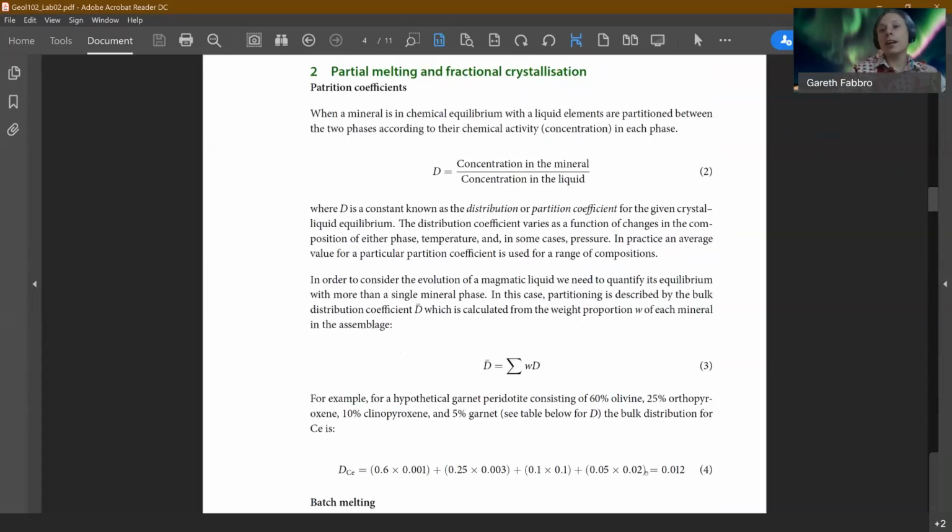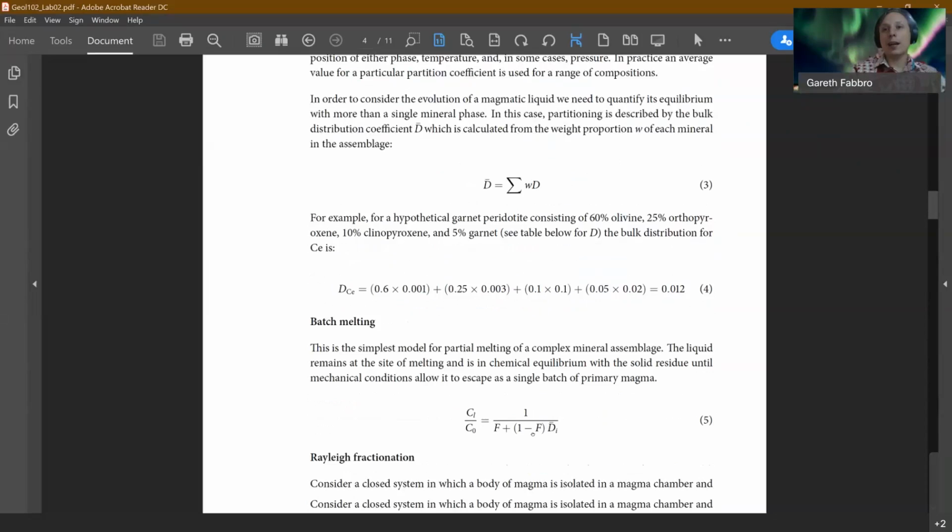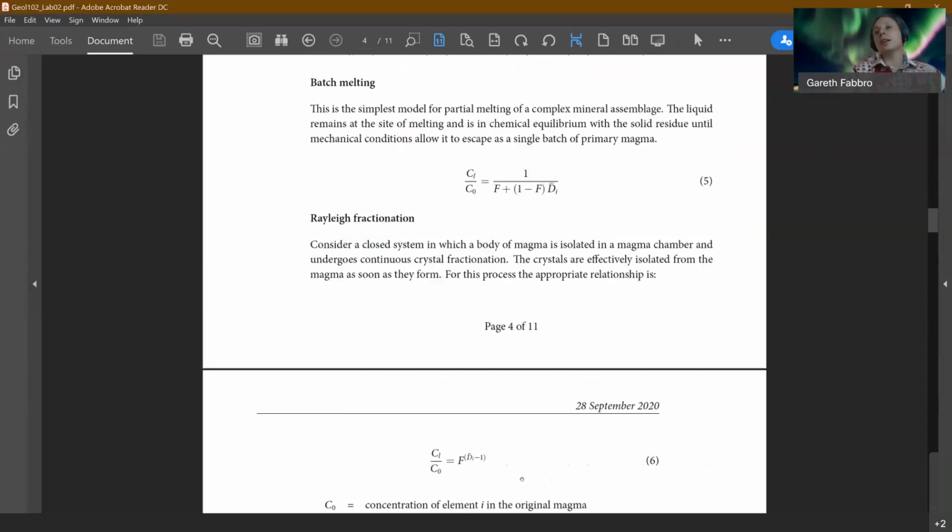But when you're then calculating further on, you'll be asked to calculate concentrations. You do need to give units then, because there's a difference between 10 parts per million and 10%.